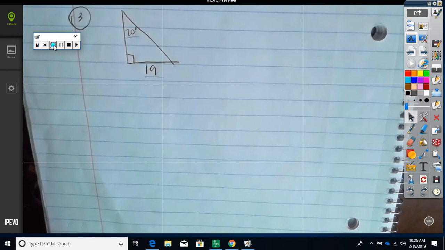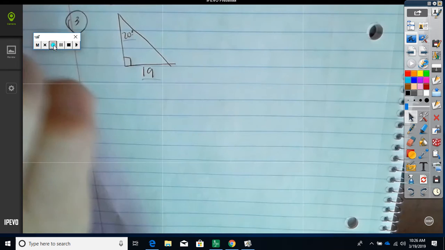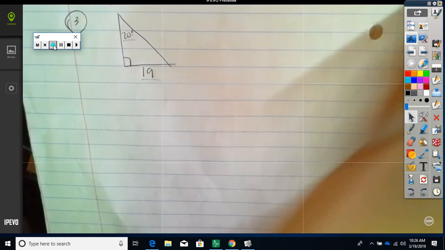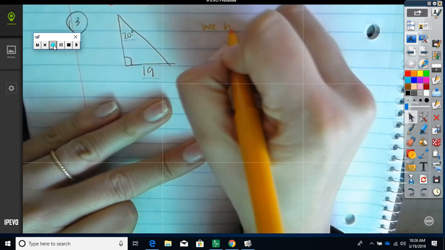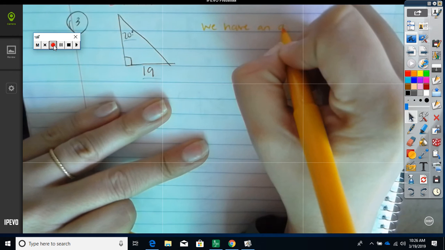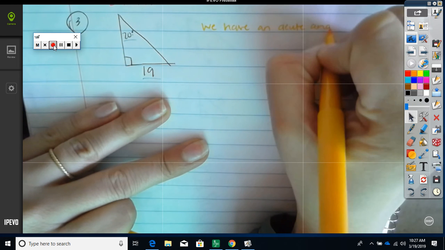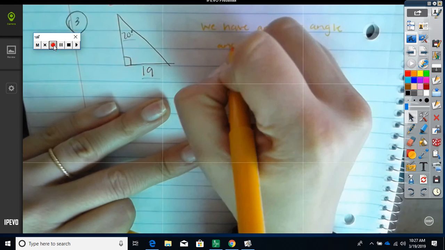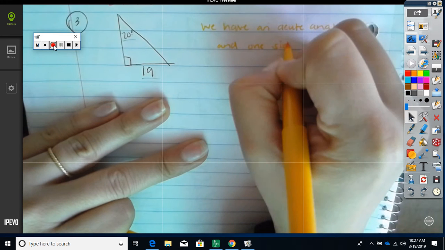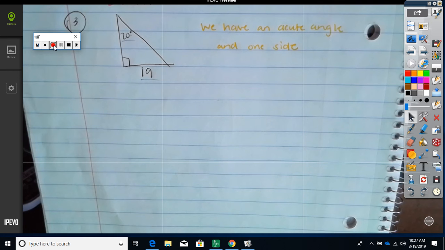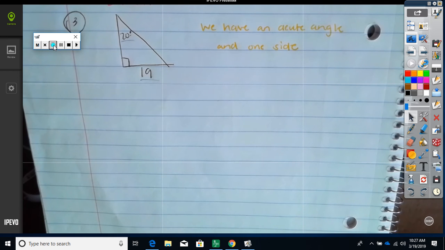Please write this down. We have an angle, an acute angle, not just 90, and one side. So, can I use Pythagorean theorem on number 3?